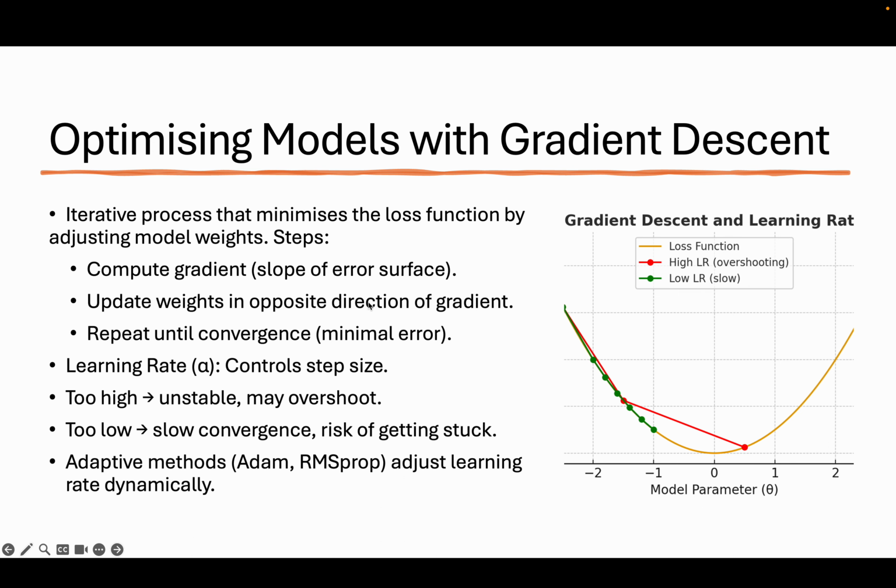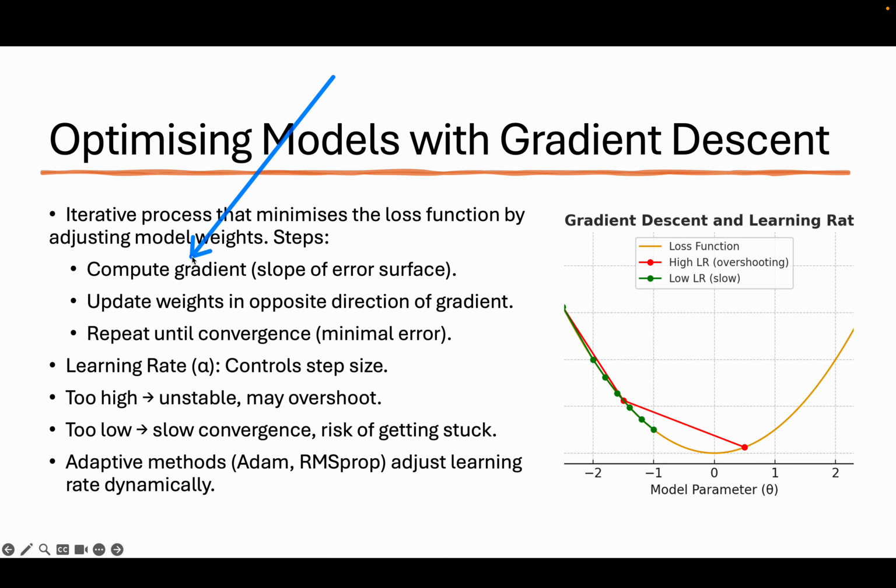The second topic that we have here is optimizing models with gradient descent, and this is probably going to make a lot more sense when we look at the drawings on the whiteboard. Optimizing a model with gradient descent is a process that minimizes the loss function and adjusts the model weights.